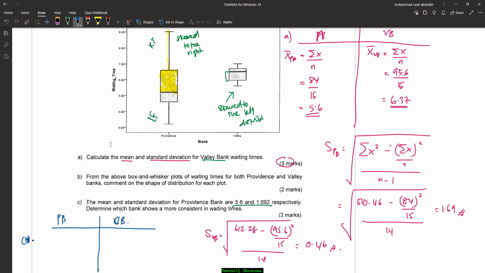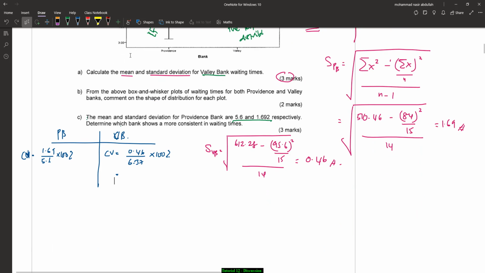S divided by mean multiply with 100% lah. So this one for PB is 1.69 divided by mean is 5.6 multiply with 100%. And for CV VB is 0.46 divided by 6.37 multiply with 100%, right?